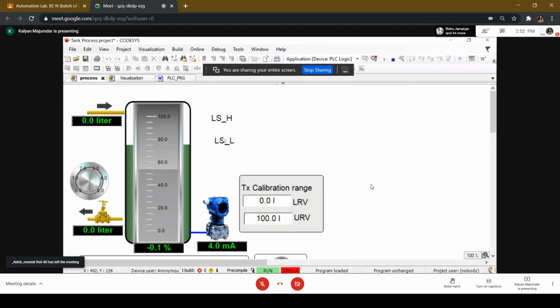Now, any transmitter, as you know, by international standardization, has an output of 4 to 20 milliampere current. So no matter what you measure, no matter what the range of measurement, the output is always 4 to 20. Here, what you're measuring is level, so this would be called a level transmitter. So the output is a 4 to 20 milliampere current that represents the level of the liquid in the tank.